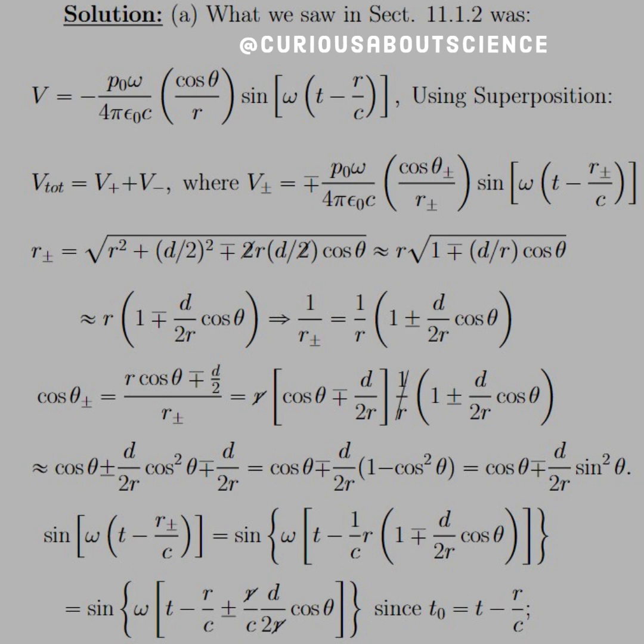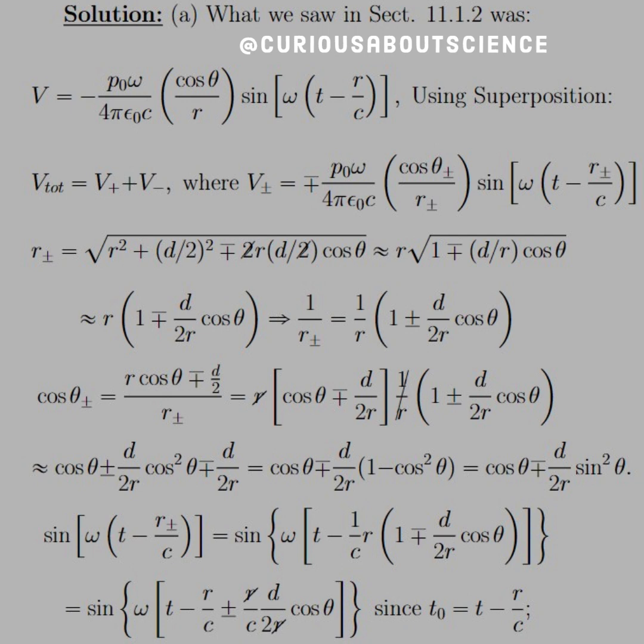So with that, we just set up V plus or minus, again pretty typical in multipole expansions to work this way. Then we get a minus plus on the overall sign, and we have theta of plus or minus, r of plus or minus, and then again sine omega at t minus r plus or minus over c.